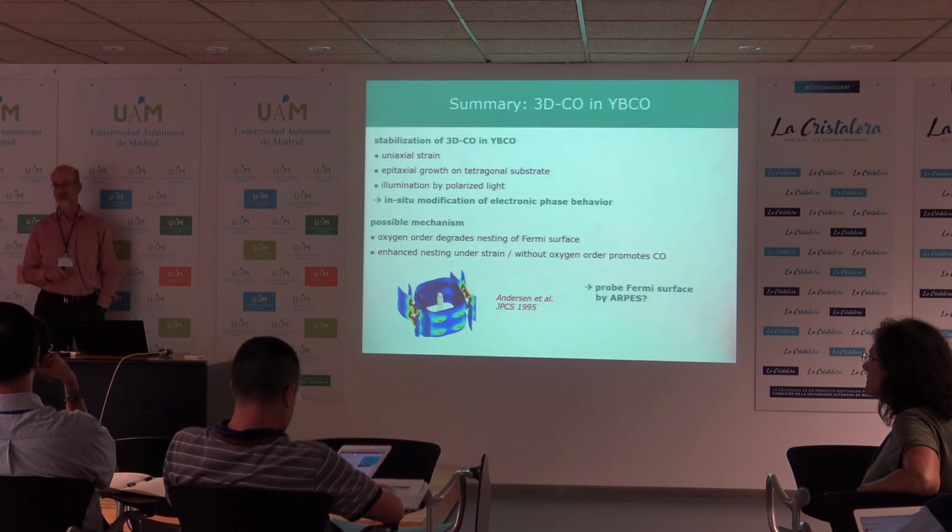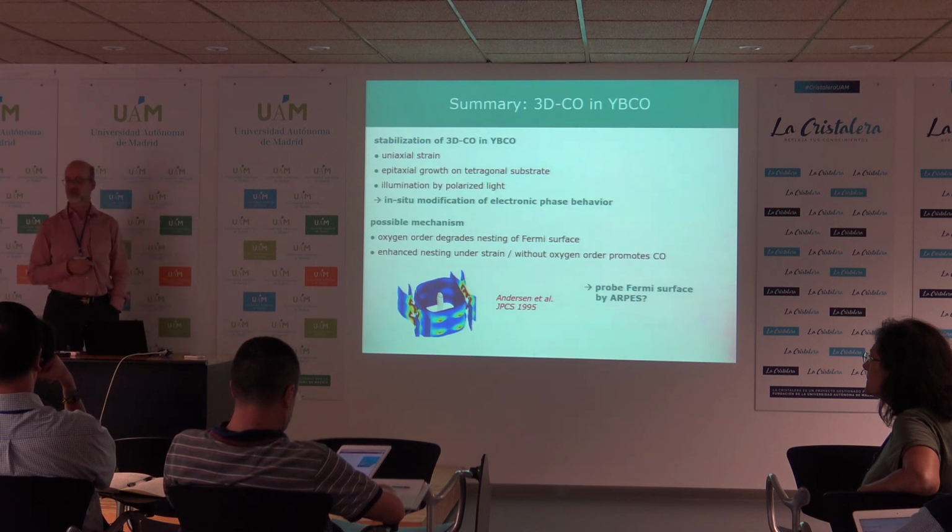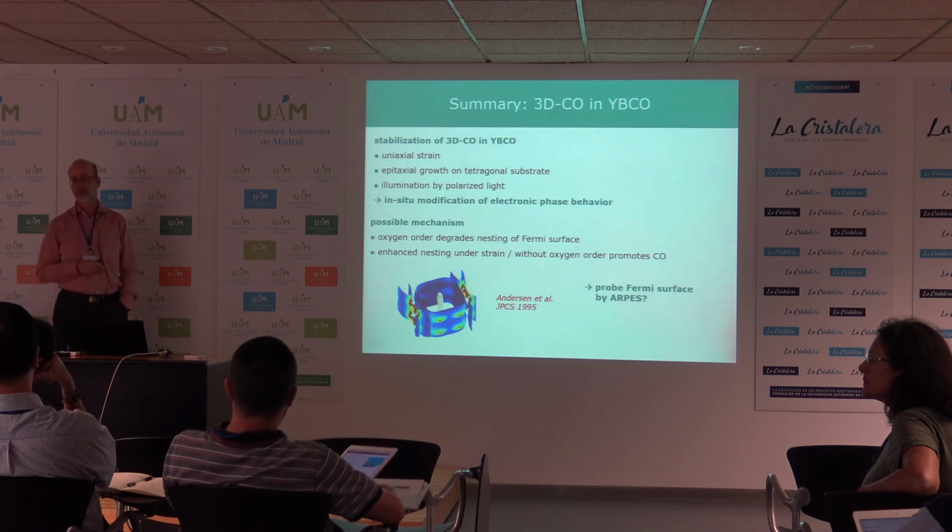Nothing happens. We actually published this as a null result. There's no anomaly of the charge density wave diffraction at the critical fields of the superconductor, so there's really minimal interaction between the two phenomena.